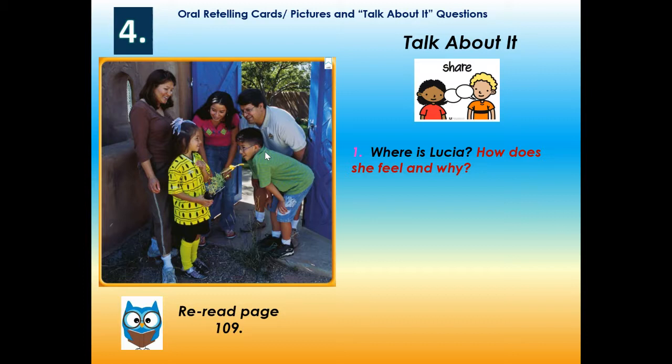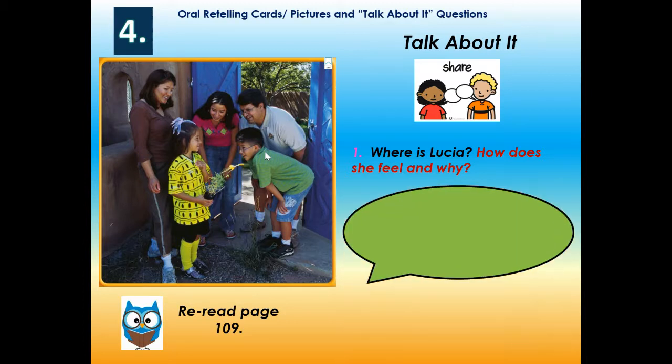So look at her face. She's holding her plant. Where's Lucia and how does she feel and why? So Lucia is, and she feels, so give me a feeling word. She feels blank because, and tell me why. So say it out loud.